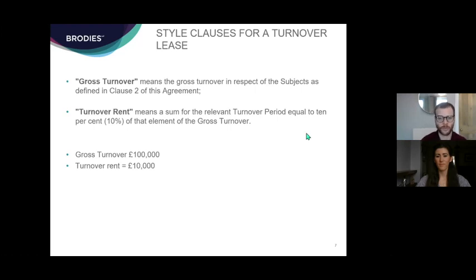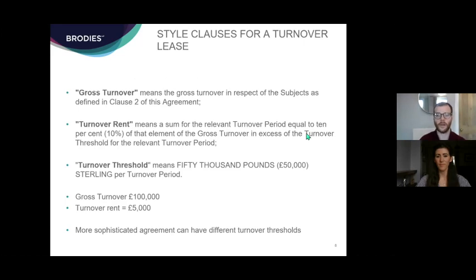And then if we flip on to the next slide here, this is slightly more complicated, and this is bringing in the thresholds which I was talking about previously. So again, we've got the definition of gross turnover, and this time the turnover rent doesn't kick in until a turnover threshold is met. So in this example, we've got the turnover rent being 10% of the difference between gross turnover and the turnover threshold.